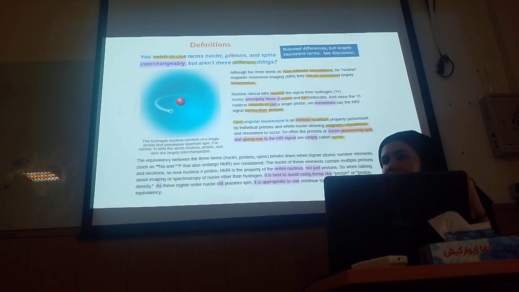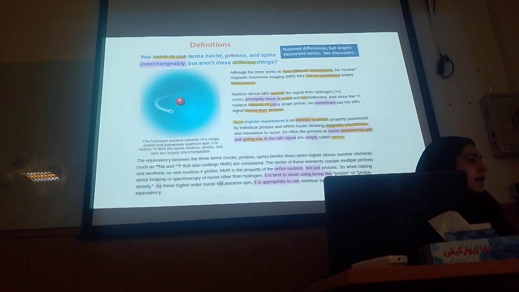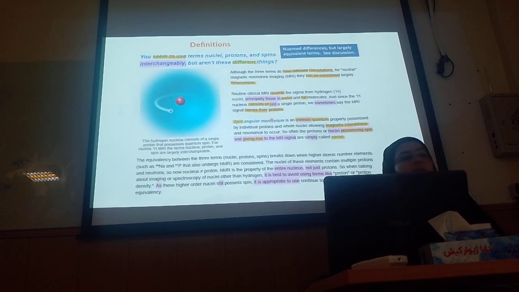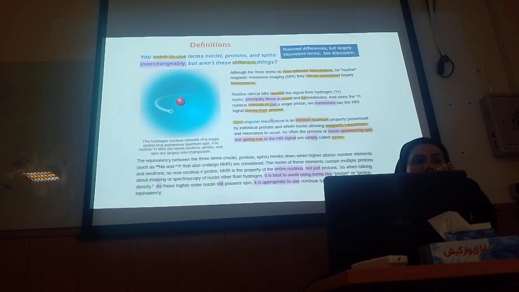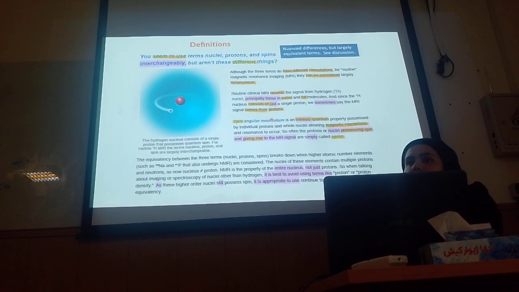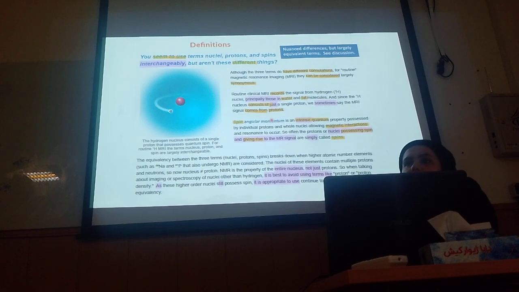Each nucleus has an intrinsic property called spin, a spin angular momentum that can undergo MRI. This intrinsic property can be involved in MRI and can give us signal.